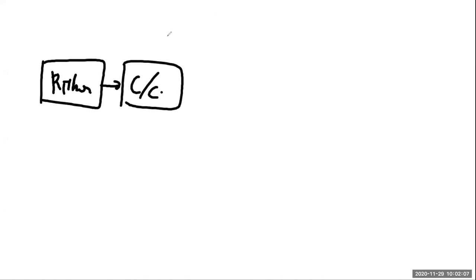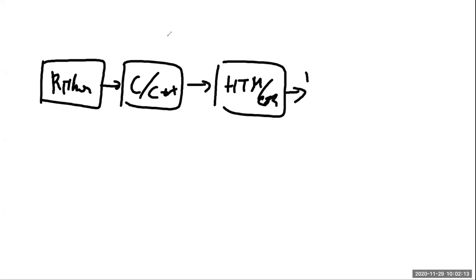First thing I'd like to talk about is our strategy right now. This year we started with Python, briefly, and then moved on to C, C++, and then HTML, CSS, and now JavaScript.